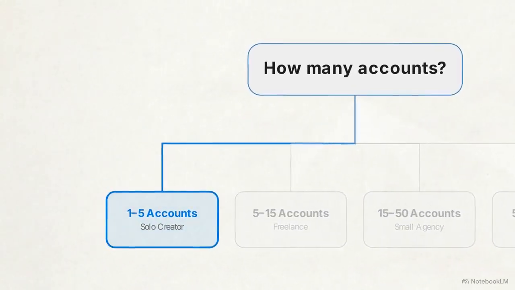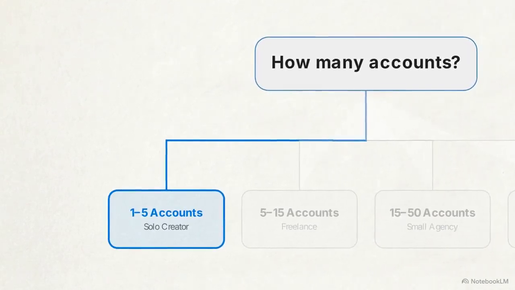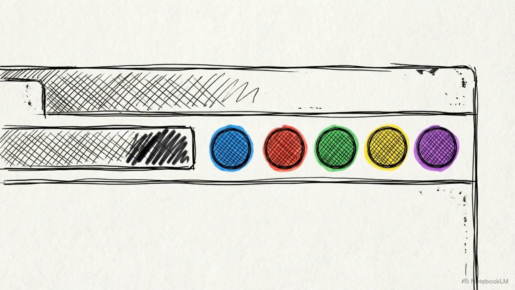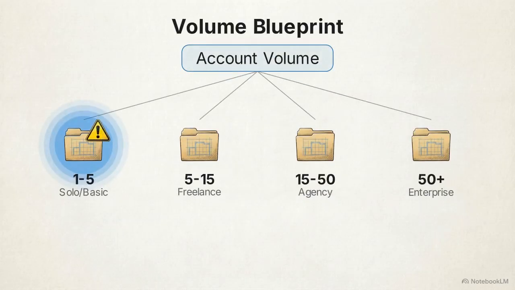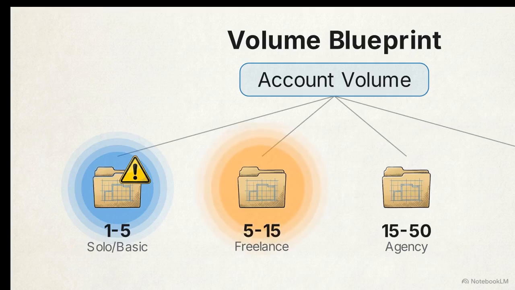If you are a solo creator operating in this first bracket of 1 to 5 accounts, your stack is straightforward. You use the free tier of an API scheduler like Buffer, combined with the built-in profile separation native to browsers like Google Chrome. It costs $0 to run, but the moment you land your 6th client, this setup becomes unsafe. When you step up to the freelance bracket handling between 5 and 15 accounts, your requirements shift.